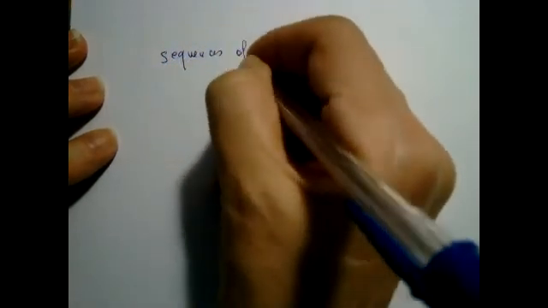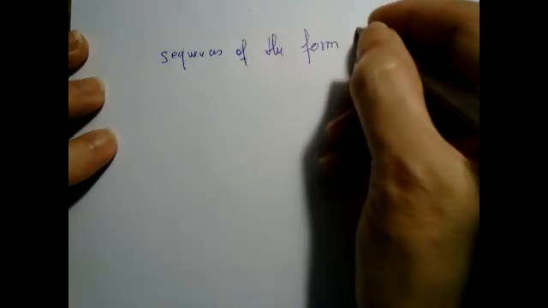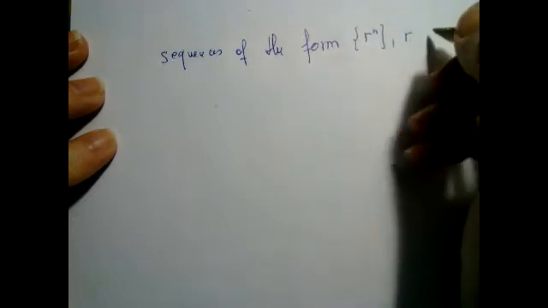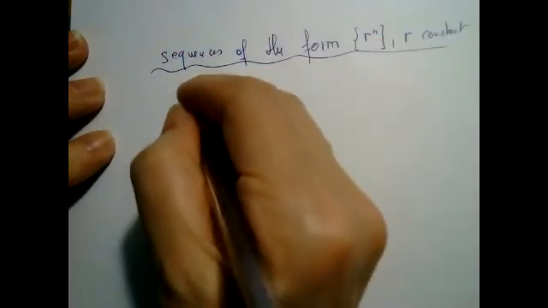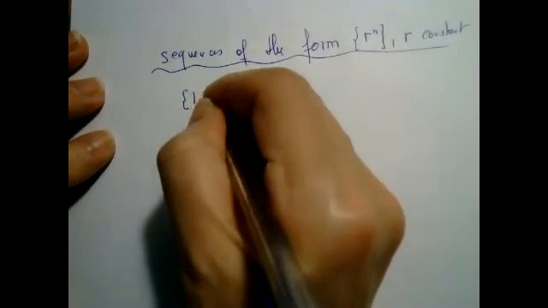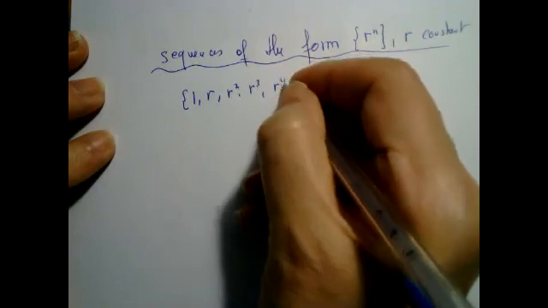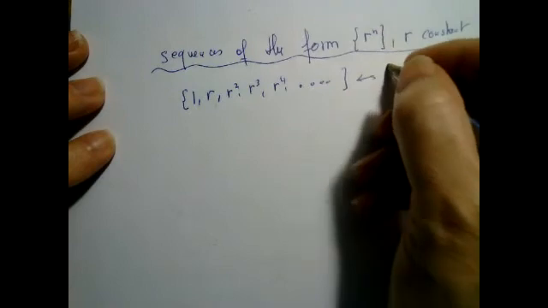The sequences of the form r to the n, where r is a constant. It means I'm looking at the following sequence: a constant r, r squared, r cubed, r to the power 4, and so on.